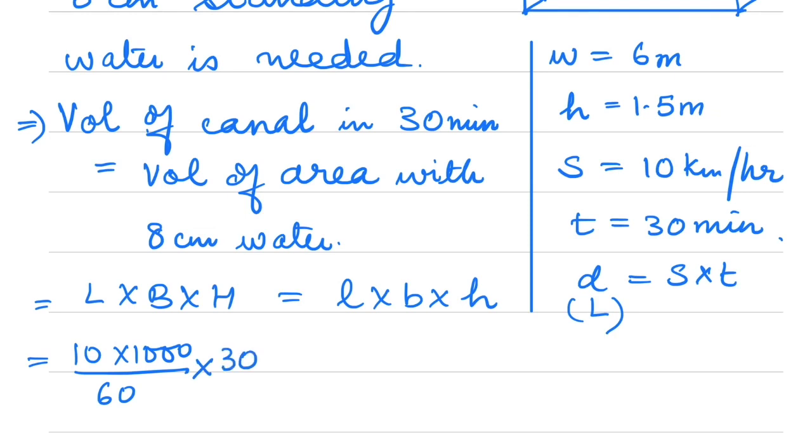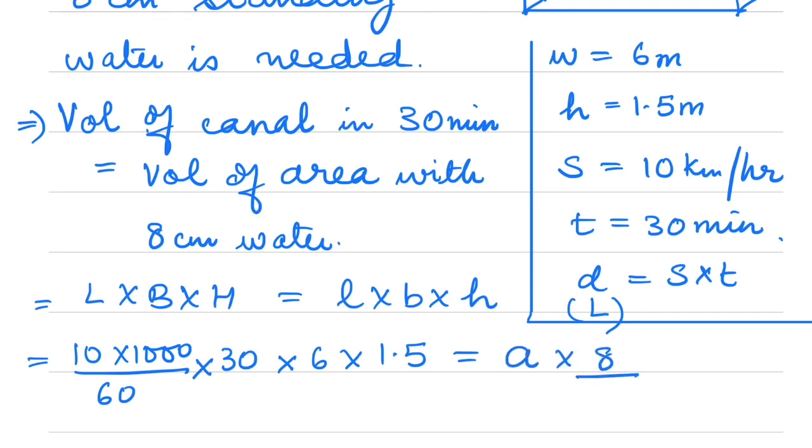So this gives me the length of the canal. Then breadth or width is given as 6 meter and height is 1.5 meter. And on this side, length into breadth will be area, which we have to find out, and height is given as 8 centimeter. So convert into meters will give me divided by 100. So now everything is in meter and minutes.